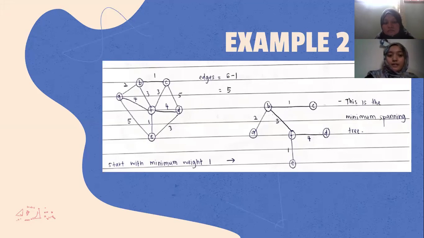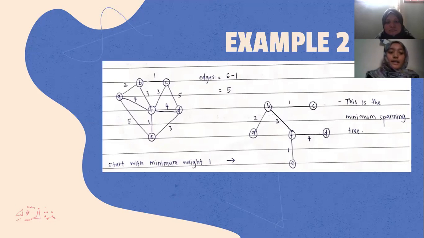Then the next weight is the connection between vertex A and B, as we can see from the main graph. Right now we see that there are 3 edges with the same weight of 3. So we need to reconsider the most important condition in forming a spanning tree, which is not to form a cycle.